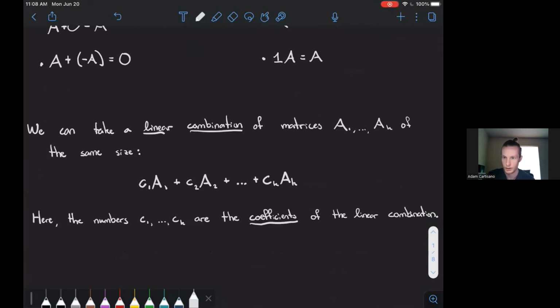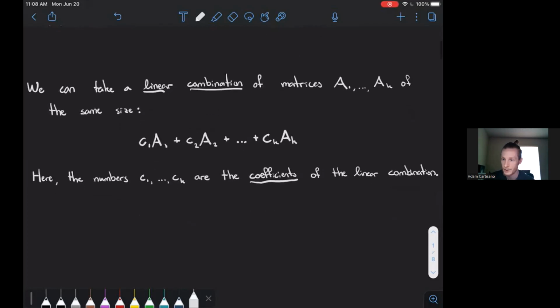That's a linear combination of those matrices. This is exactly the same as the definition for vectors. Notice if I just put arrows on top of everything, this is exactly what we've been talking about with vectors. The only difference is that we're doing it for matrices. And like we said in the last video, a lot of the rules for matrix multiplication, matrix addition, and so on are going to be generalizations of what we learned about for vectors.